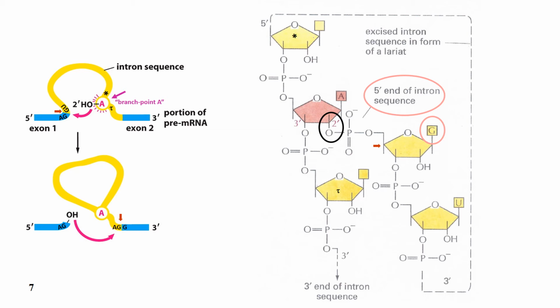Therefore, the bond between the G in the intron and the G in the exon will be broken as a new bond is formed between the G in the upstream exon and the G in the downstream exon. These are the two transesterification reactions associated with mRNA splicing.